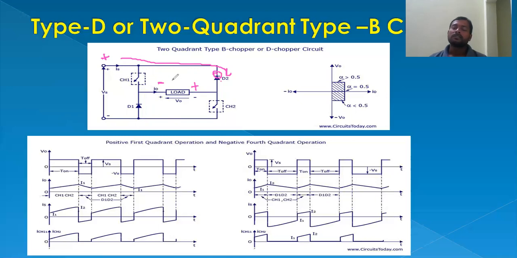Voltage will be reversed, but current flowing to the load will be positive. Current will be positive and voltage will be negative. That's why this operation of the chopper is in the fourth coordinate. So this circuit performs the operation in the first coordinate and the fourth coordinate. These are the class C and class D choppers, or two coordinate choppers.